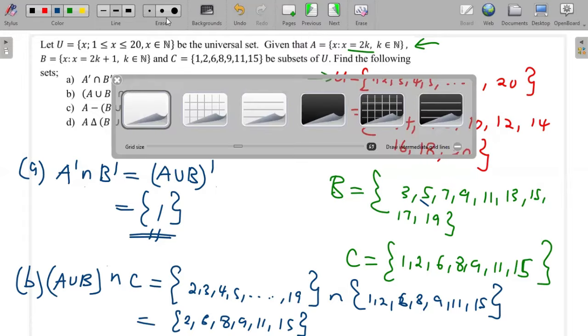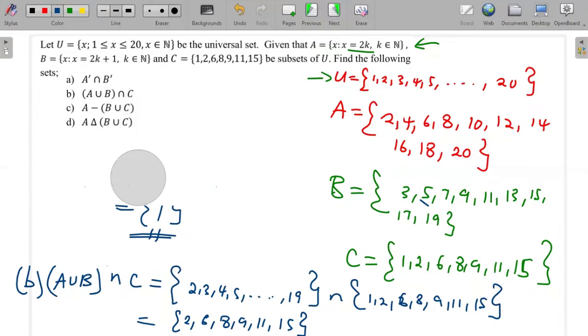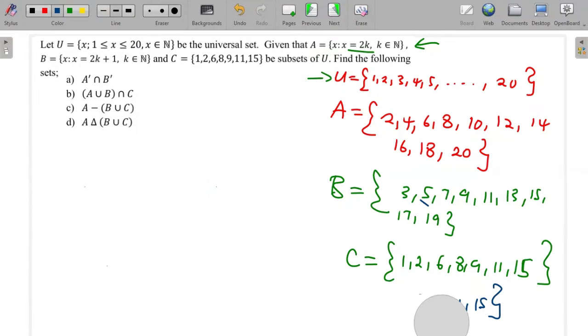Okay, so if there are no questions, let's look at the next one. So the next one is A minus B union C. Okay, B union C. So here, we can just use that trick that we actually learned. It will work. But anyway, let's write the sets.